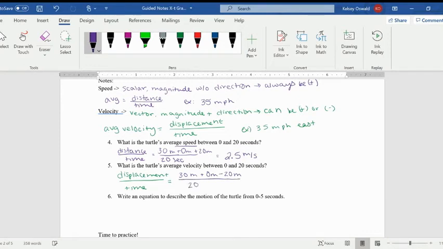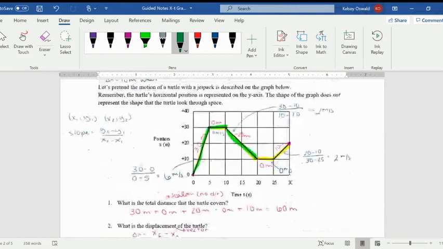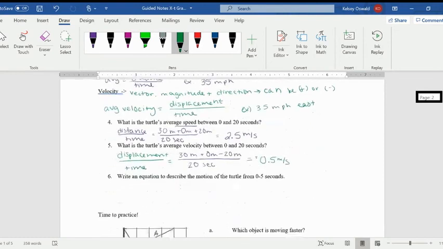And then we're again over a time interval of 20 seconds. So when we plug this into our calculator, we should find that our average velocity is going to be positive 0.5 meters per second. Okay, so on average, from getting from our initial position of 0 to a position of 10 at 20 seconds, our object traveled at a rate of 0.5 meters per second. Okay.